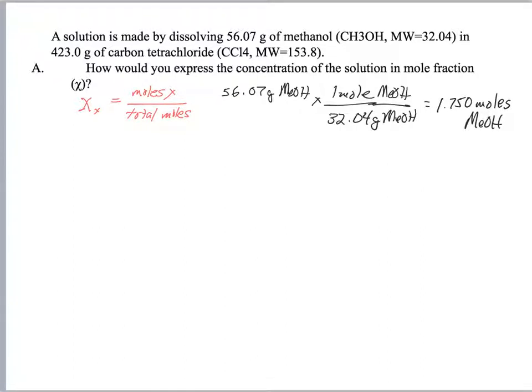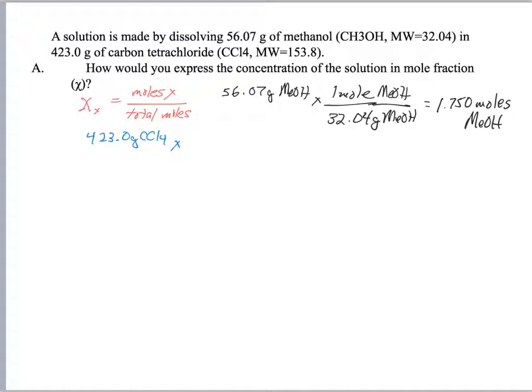Okay? Then we need to find out the number of moles of carbon tetrachloride, because we need the total moles, so we need to know how many moles of carbon tetrachloride there are. So we have 423.0 grams of carbon tetrachloride.